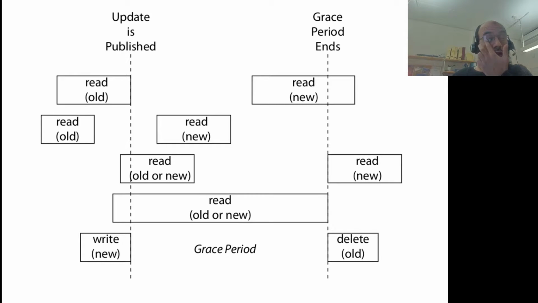So if you have a thread that runs for longer than the grace period, you should know that you might be subject to reading multiple values at the same time. So you have to handle multiple different value reads. And then when the grace period ends, the delete command is issued to the old value.